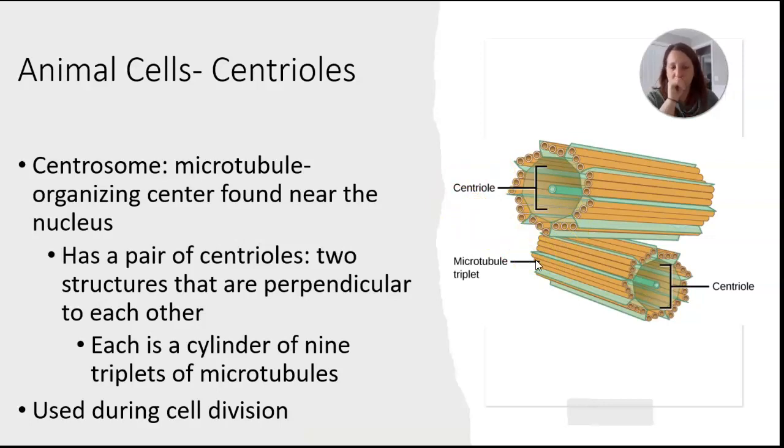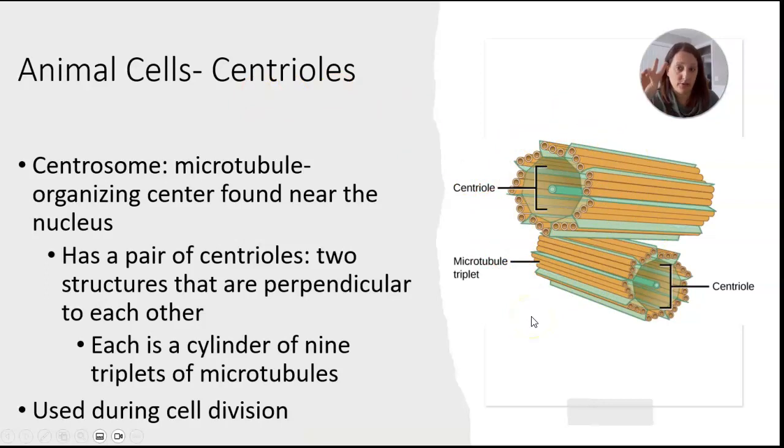What are they used for? So the centrosome, this doublet of centrioles, is going to be found near the nucleus, and it's thought to be how microtubules in animal cells are organized. During cell division, what will happen is this thing replicates.